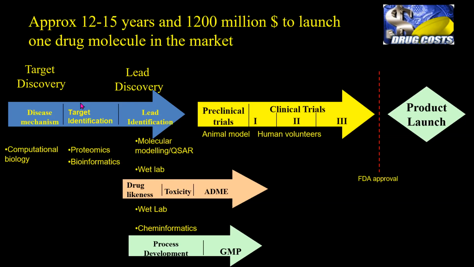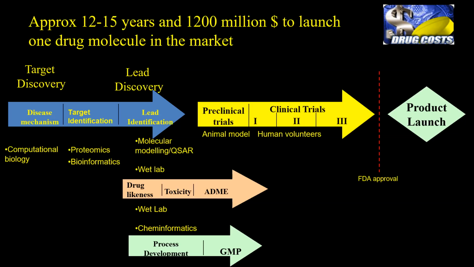Before that, we have to identify the target. You use a lot of tools like proteomics and bioinformatics tools, and before that, you look at the mechanism of the disease. For example, if I'm looking at inflammation, what is the pathway of inflammation? What are the enzymes involved in the inflammation?